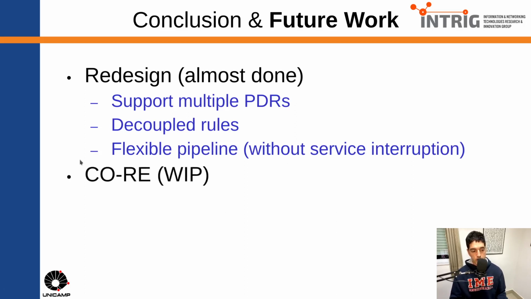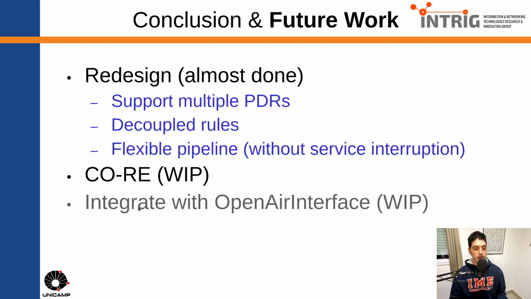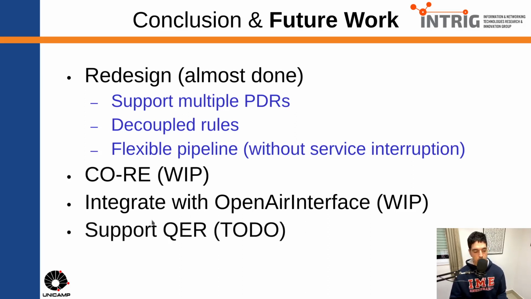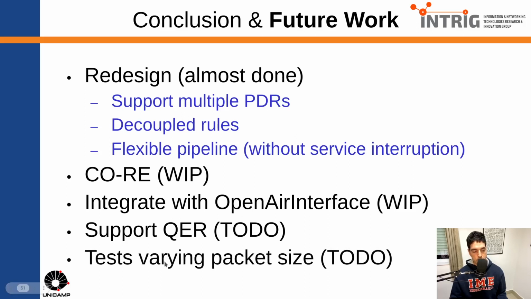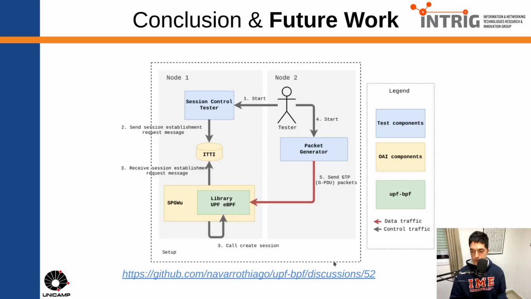We are working on compile once, run everywhere. And we are working on the integration with OpenAirInterface, which is an open source 5G implementation. The next steps are to support the QoS enforcement rule and test varying the packet size and the kind of flows. Here is one discussion that is open in the project.